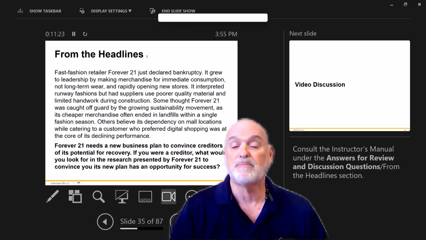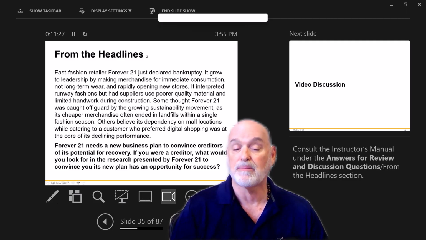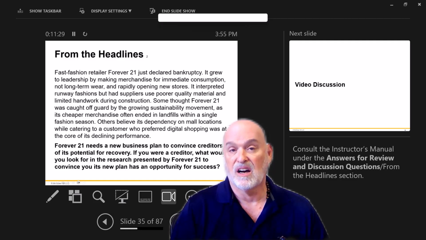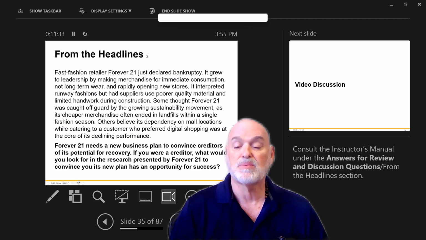Others believe its dependency on mall locations while catering to a customer who preferred digital shopping was at the core of its declining performance. Forever 21 needs a new business plan to convince creditors of its potential for recovery. If you were a creditor, what would you look for in the research presented by Forever 21 to convince you its new plan has an opportunity for success?